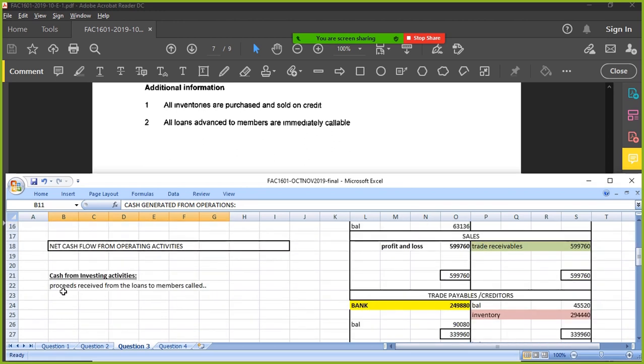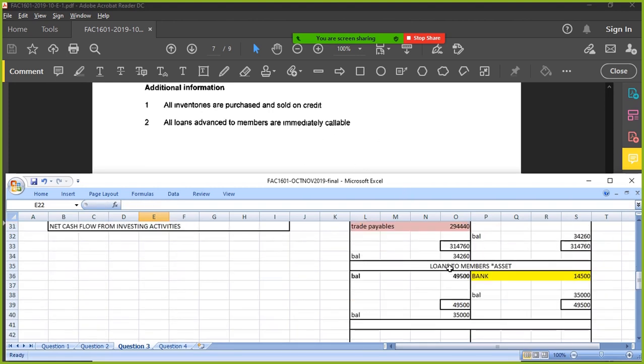But was that direct or indirect method? It doesn't matter. Remember, investing is long-term. Because they said immediately callable, to me this would be asterisk short term.